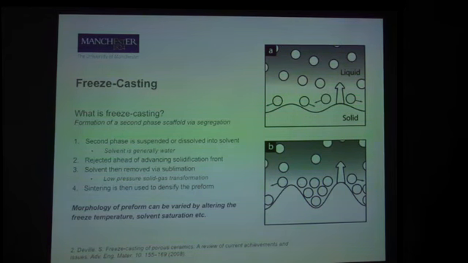In terms of that hierarchical structure, one way of producing it is through freeze casting, where you form a second phase scaffold via segregation.